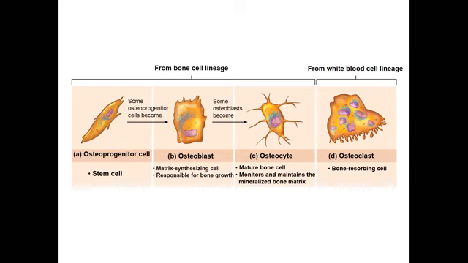In this case they make collagen fibers for the bone. They also produce a ground substance, which in this case we call non-mineralized bone matrix, or osteoid. So remember, every connective tissue produces ground substance.